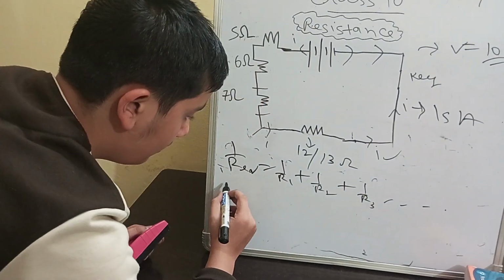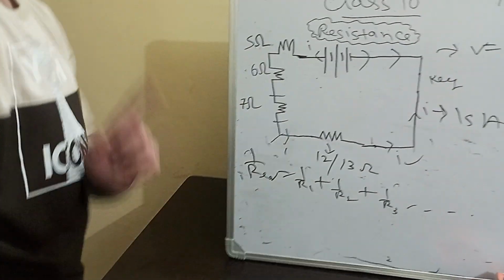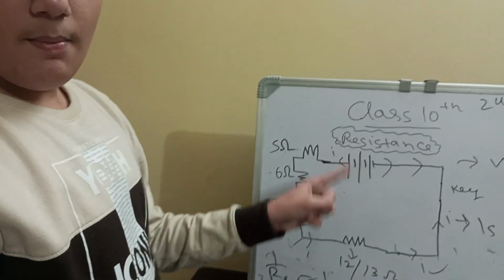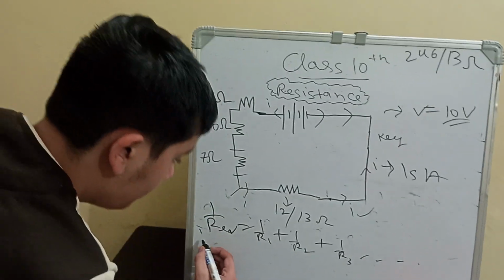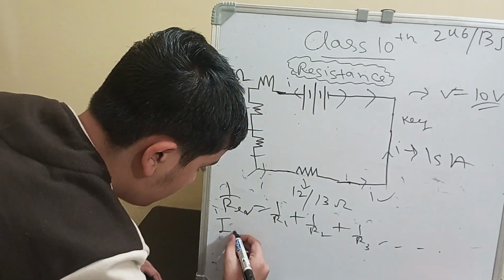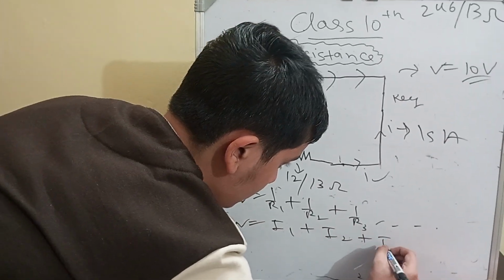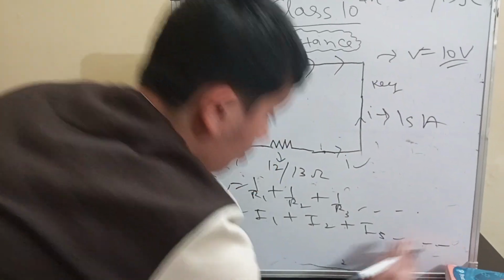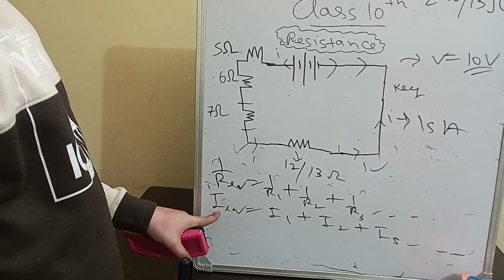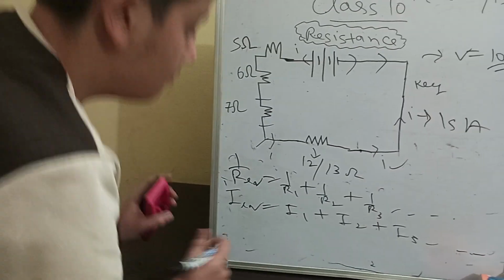To derive it, come back to that V. In parallel the voltage remains the same but currents add up. So you can write it like this: I equivalent equals I1 plus I2 plus I3. Why did I write it? Because in parallel setups the current adds up and the voltage remains the same.